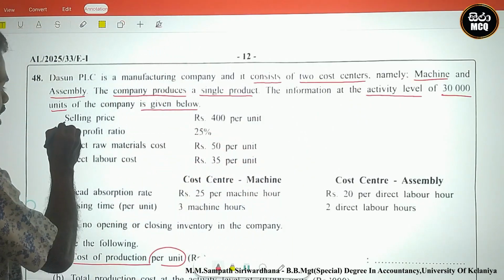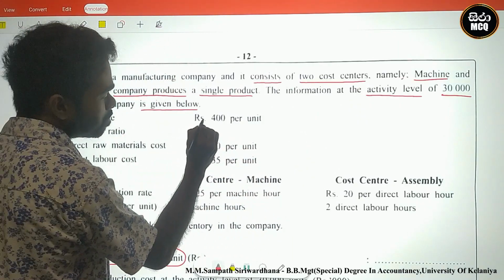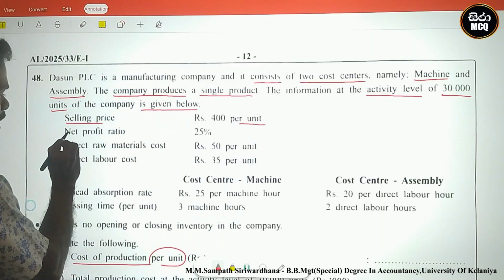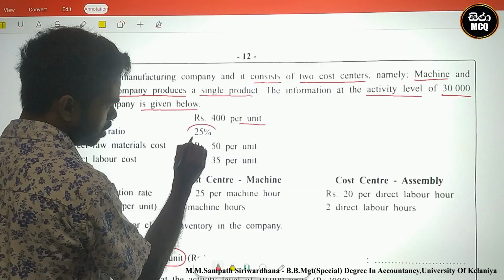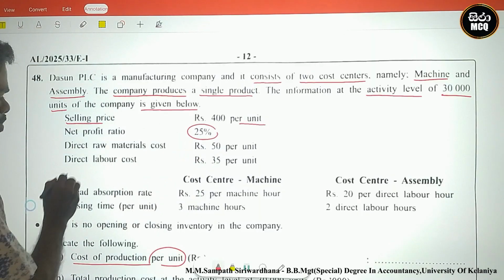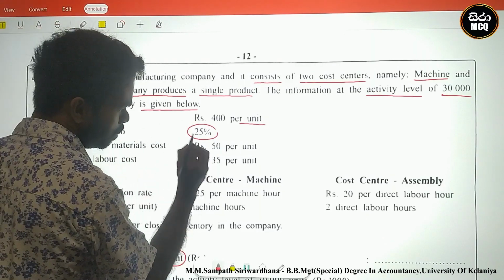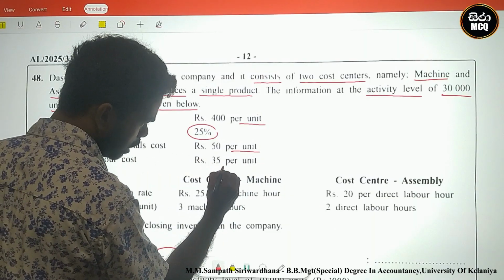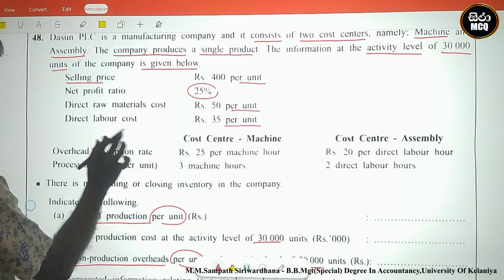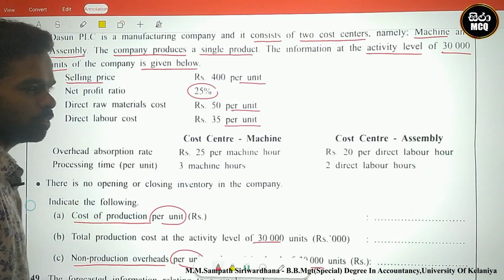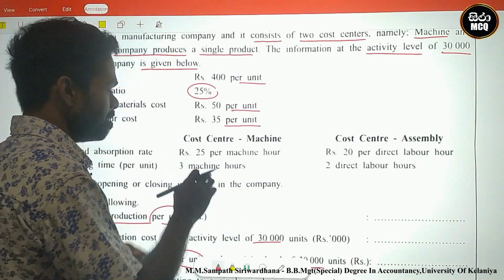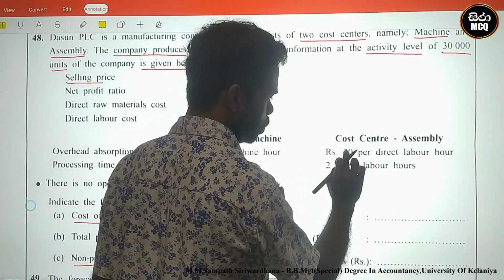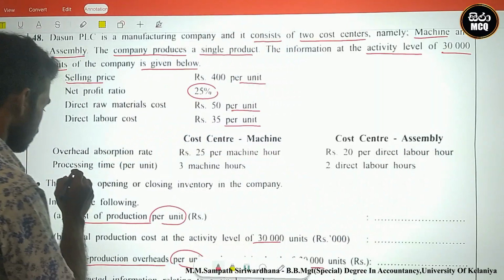Selling price 400 per unit. Net profit ratio 25%. Direct raw material 50 per unit. Direct labor cost 35 per unit. The overhead absorption rate is already calculated: 25 per machine hour for the machine cost center, and 20 per direct labor hour for the assembly cost center.